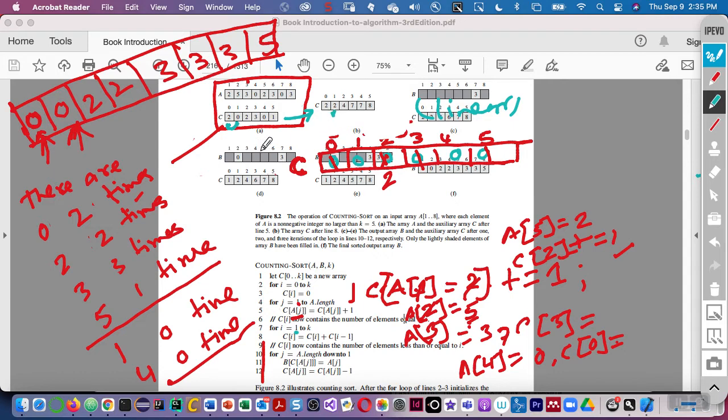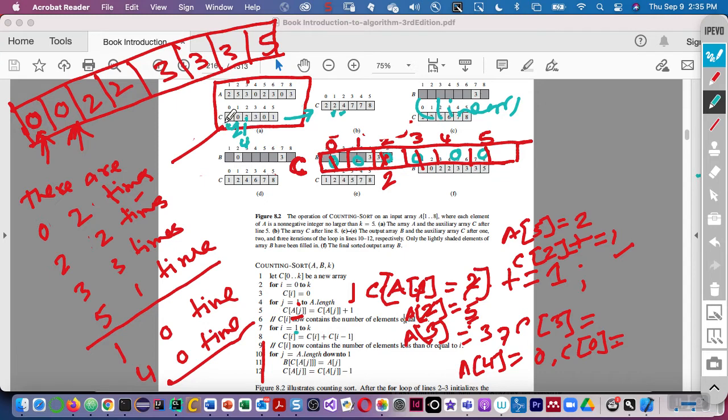The third one will be 2 plus 2, so the third one is 4. So this will be 2, and this will be 4, and this will be 2 plus all previous, just do the cumulative sum.